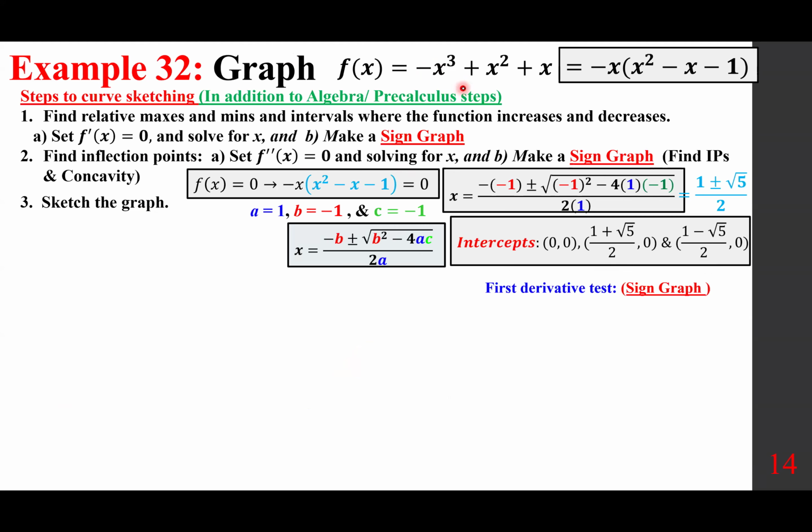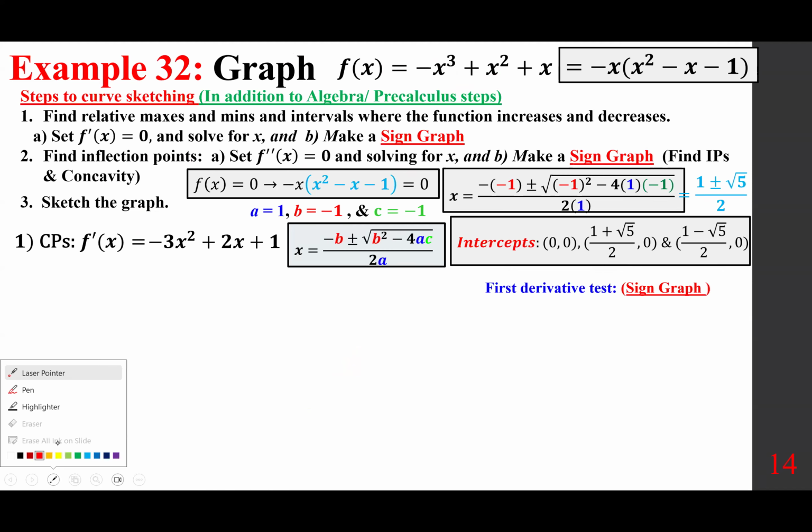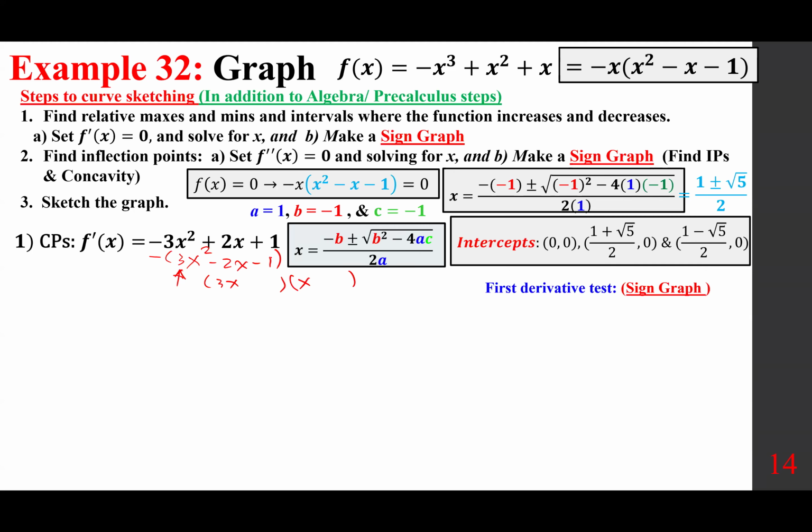We are going to find f prime of x. We go back to this one, negative 3x squared plus 2x plus 1. We are going to factor the negative out. And because this is 3, you have no choice but to go with 3x and x.